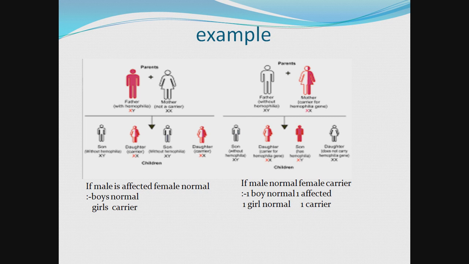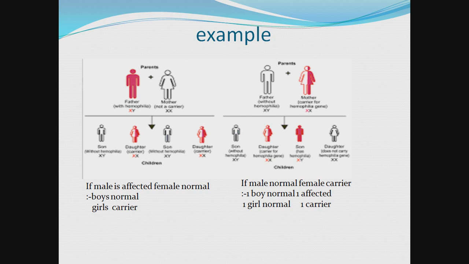In the next condition, the father is normal but the female is a carrier, meaning only one X has the defective gene and the other X is perfectly normal. So in the cross, what will we get? First X with Y, the son will be perfectly normal.